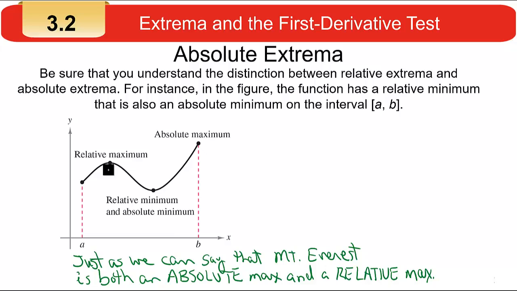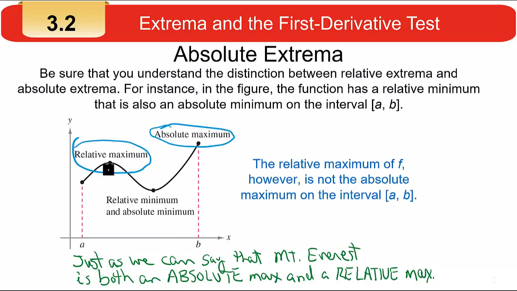Just like you can say that Mount Everest is both an absolute max and a relative max, it can be true for a minimum as well. The absolute maximum in the entire graph is the far right endpoint. There is no place any higher.